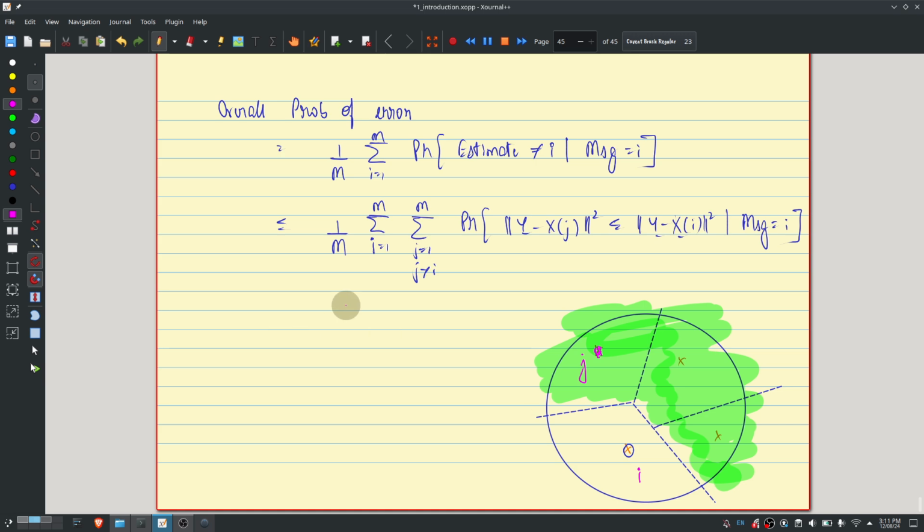Now, if you just look at this particular pair, and you look at this particular event, that is, what is the probability that the received vector lies closer to j than to i?